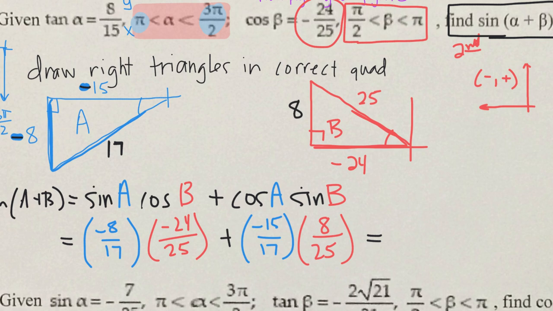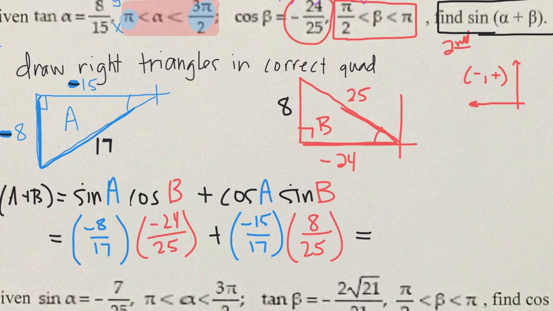Now we get out our calculator to do these ones. 8 times 24 is 192. 17 times 25 is 425, right? A negative times a negative is a positive, which is why it's positive 192.